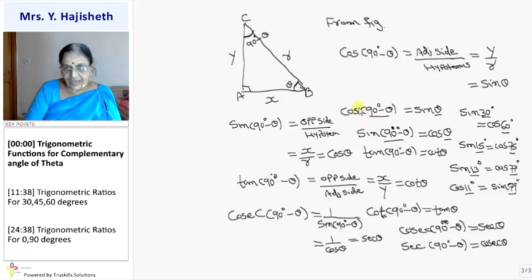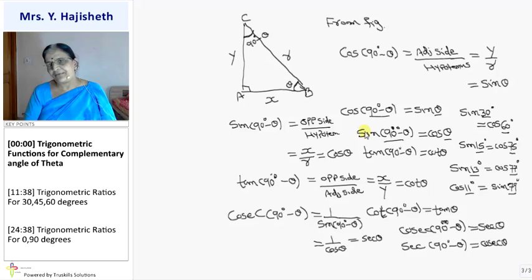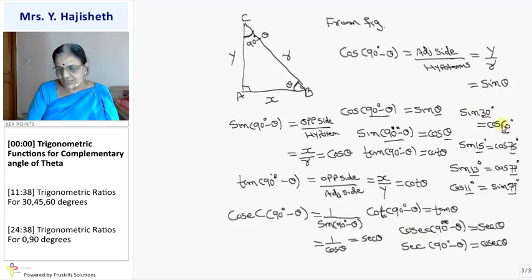Sin and cos are making a pair as far as complementary angles are concerned. Tan and cot are making a pair as far as complementary angles are concerned. And cosec and sec form a pair as far as complementary angles are concerned. So, sin 30 is cos 60, sin 15 is cos 75.